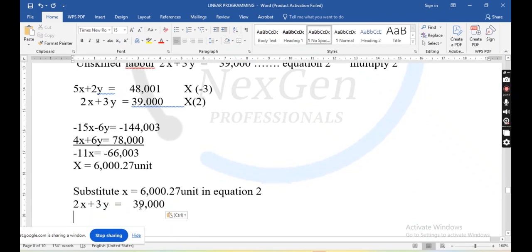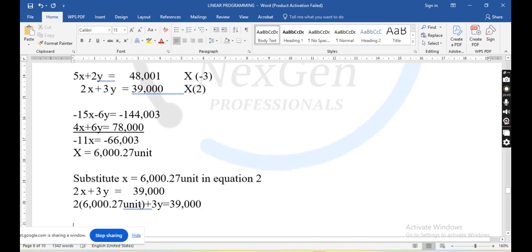If possible, I beg. So 2, open bracket, 6,000.27, close bracket, plus 3y equals 39,000. That is why it is a compulsory question, right?